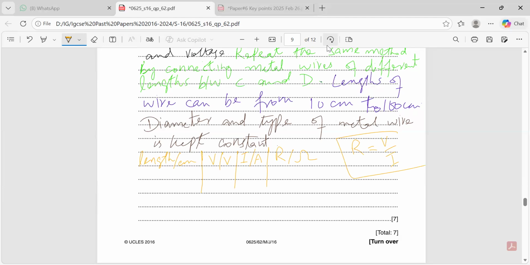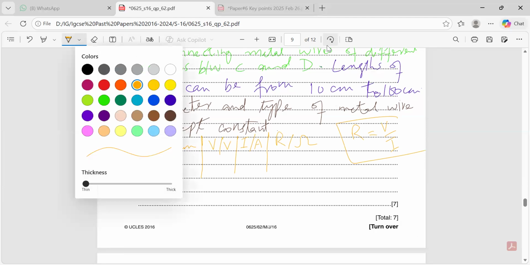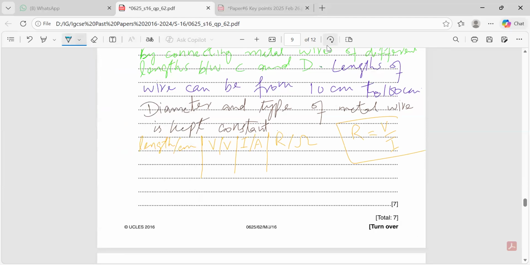Now, plot a graph to reach a conclusion. So one more point you can write, dear friends, is: plot a graph of resistance against length to reach a conclusion.